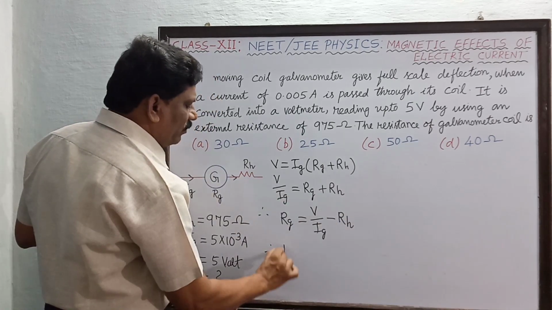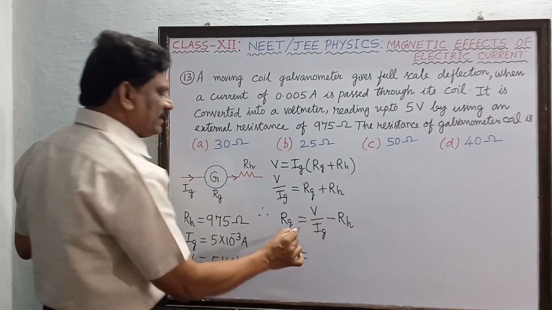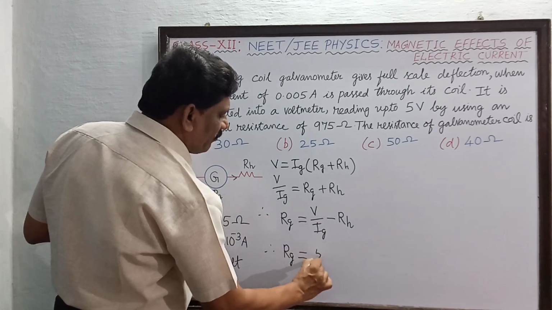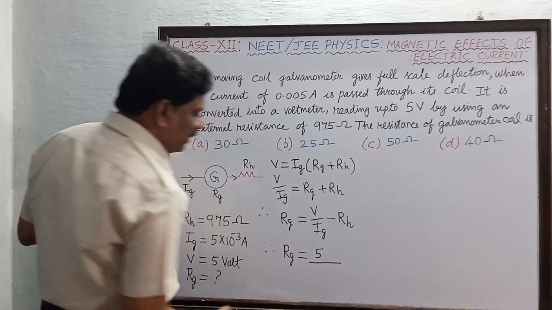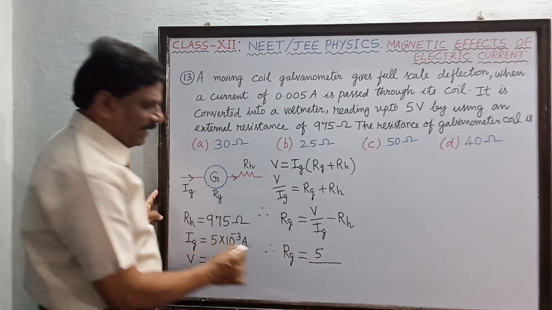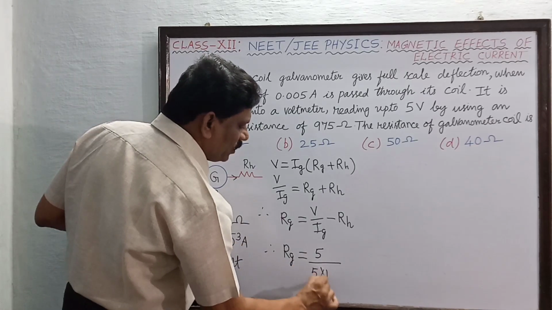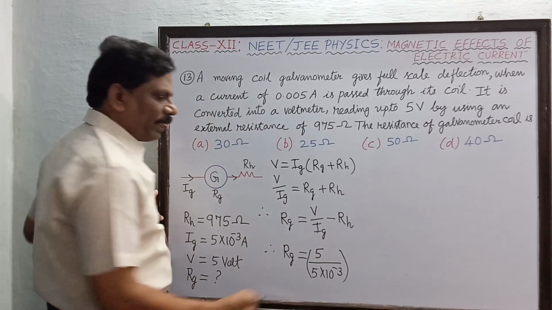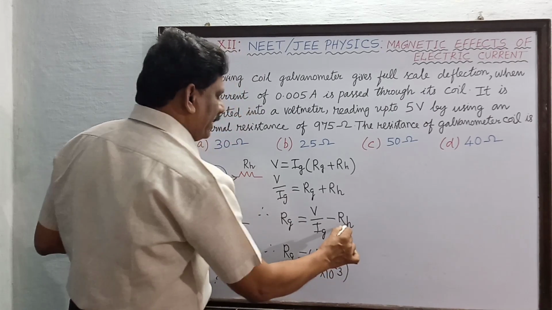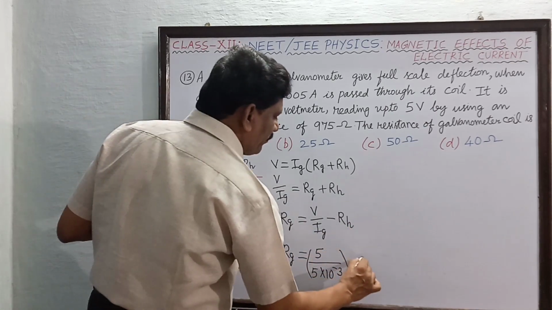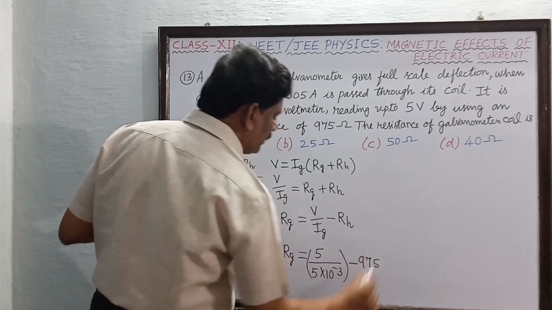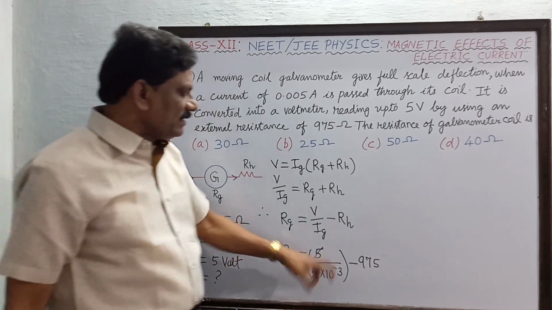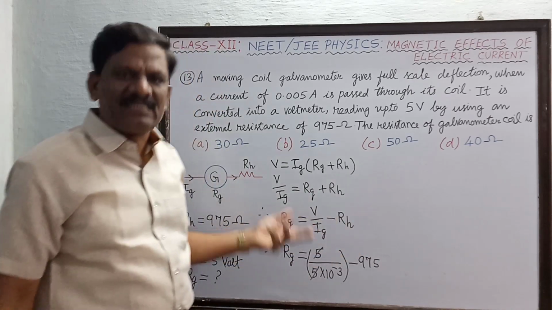So now substituting the values on the right hand side, V is equal to 5 volt. So this is 5 divided by Ig, which is 5 milliampere, is it not? So this is 5 into 10 power minus 3. In bracket we will keep minus high resistance RH, which is 975. Now this 5 and 5 get cancelled and 10 power minus 3 will come up as 10 power plus 3.